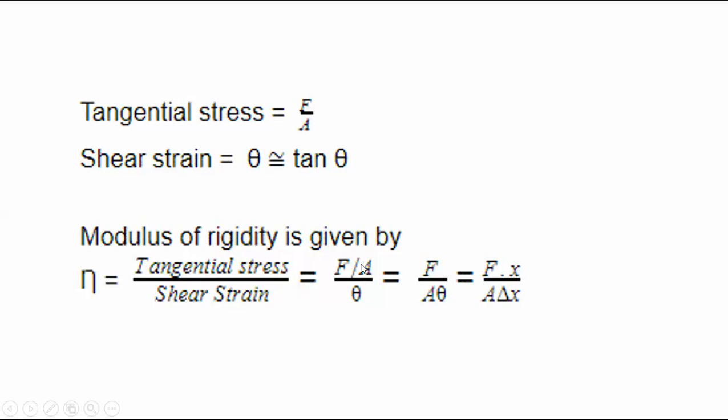It will be F by A divided by theta. We know that theta is, let us say, delta x by x. In the previous diagram I have explained it. x is the height here, small x, and delta x is the movement of the uppermost surface, which is caused due to shear.